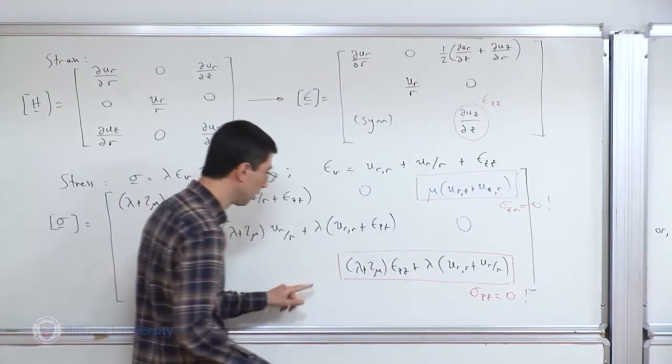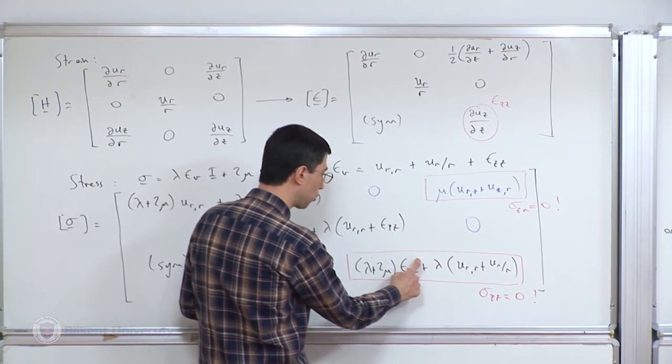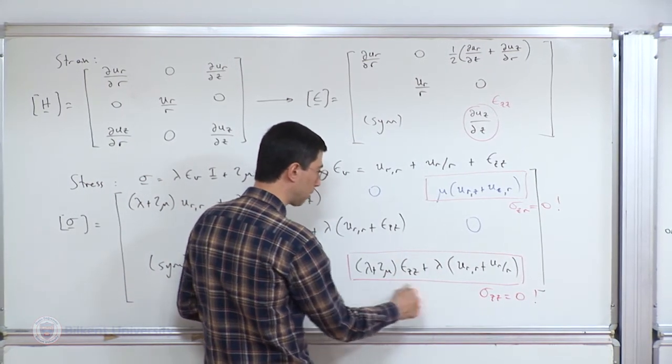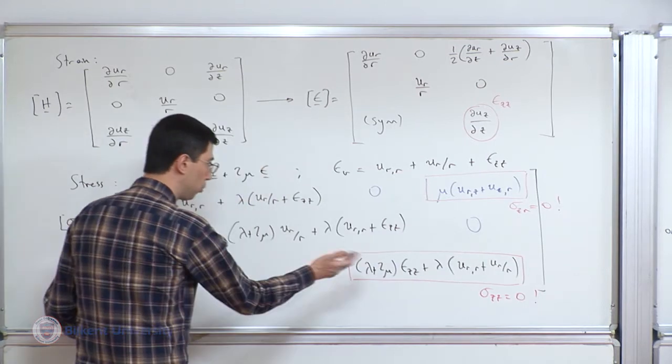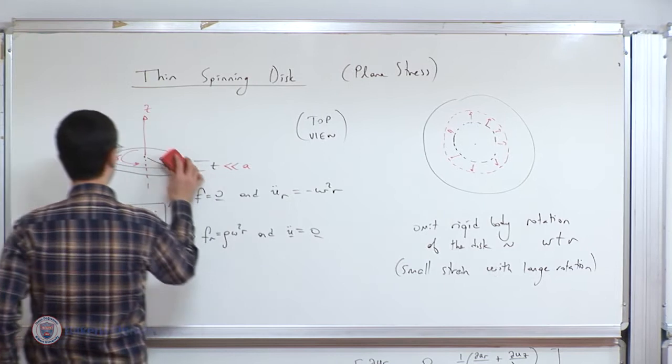So let's do that. It's pretty simple: epsilon zz is going to be minus lambda over lambda plus 2 mu times that, due to sigma zz being 0. And I will write that now here.